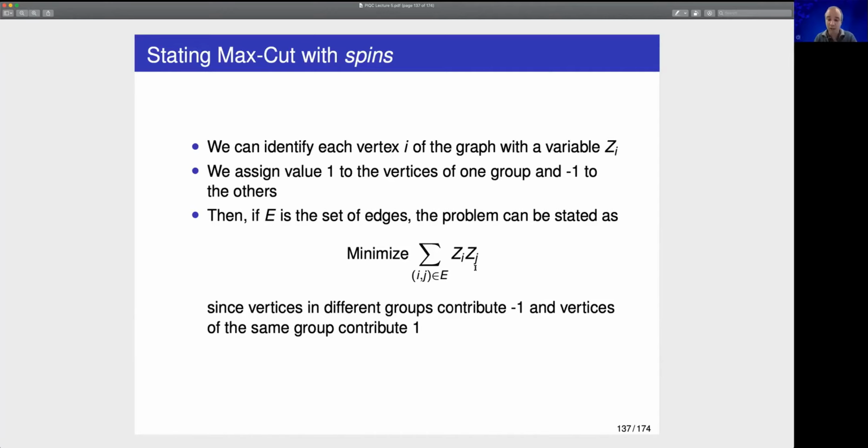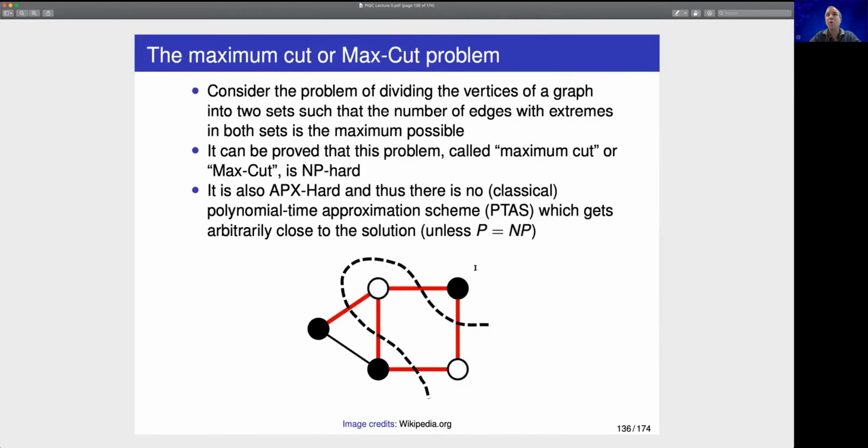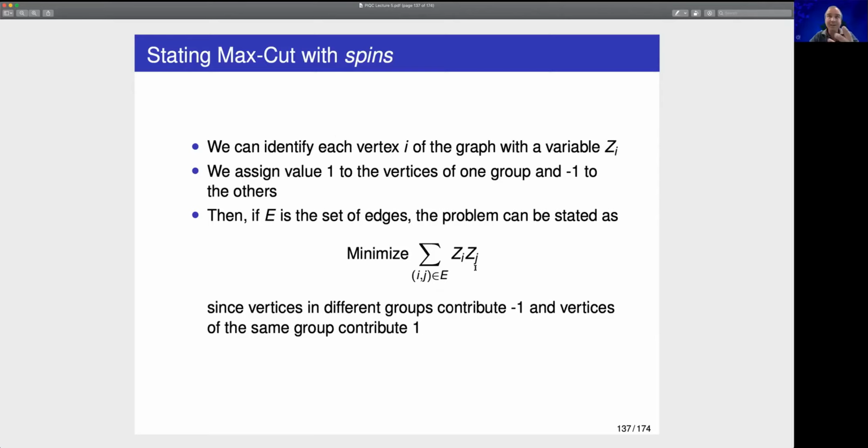So this is the relationship of this formulation, which is a purely algebraic or combinatorial formulation, with this formulation in terms of graphs, okay? And now we can transform this problem into something that we can approach with quantum computers. The selection of the name Z here was not casual, okay?